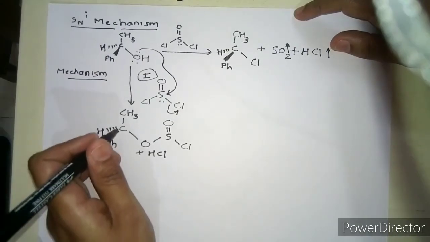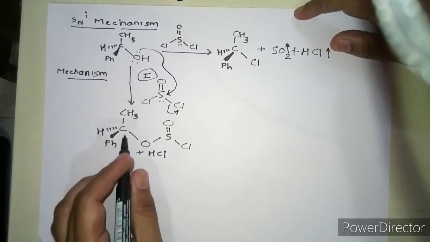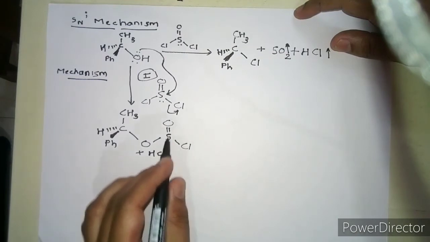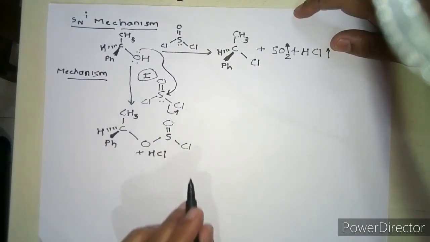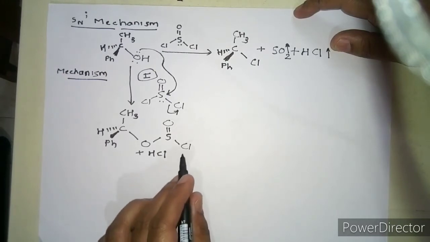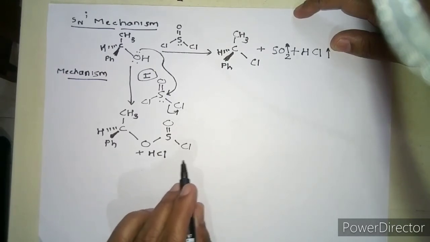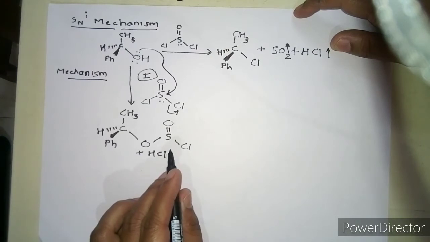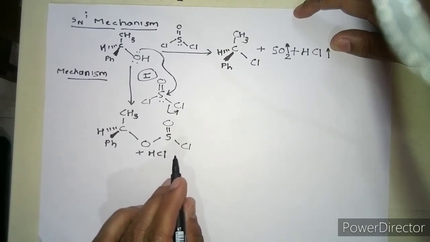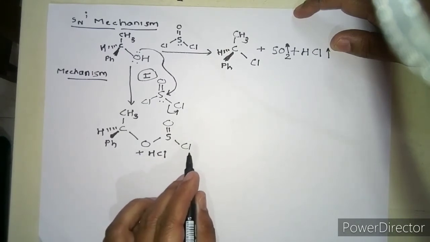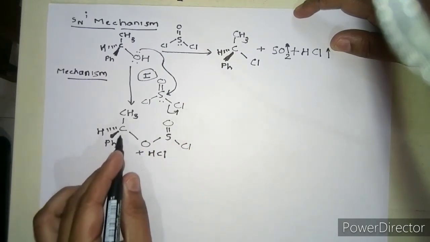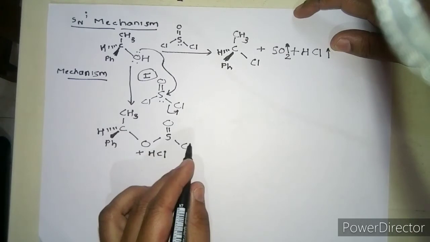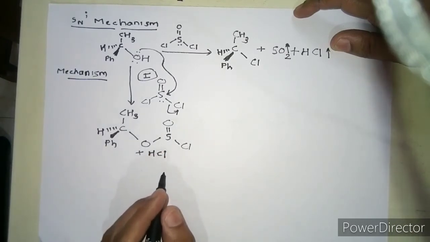Now if you observe here, this compound is called alkyl chlorosulfite. Sulfite is nothing but SO3 twice minus. Here one of the oxygen is replaced by Cl group, hence it is called chlorosulfite. This intermediate is called alkyl chlorosulfite.